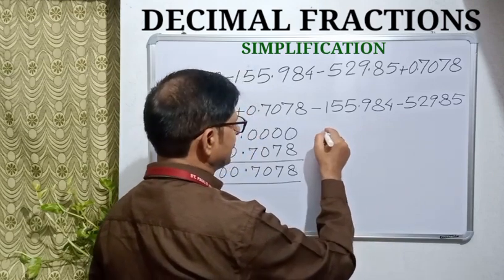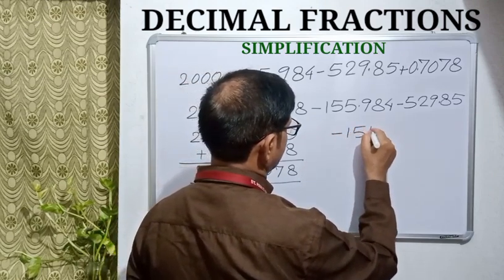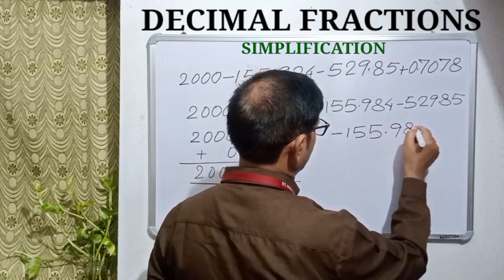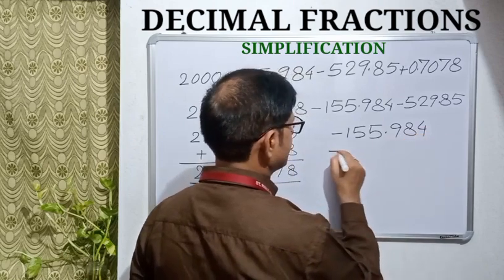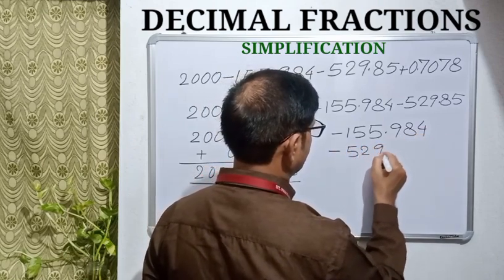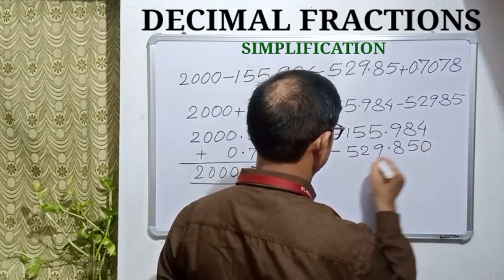Now here add these two numbers. Of course both of them are negative. Minus 155.984 and 529.850.